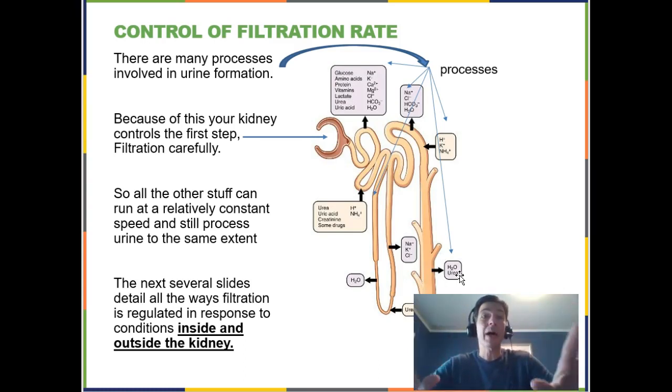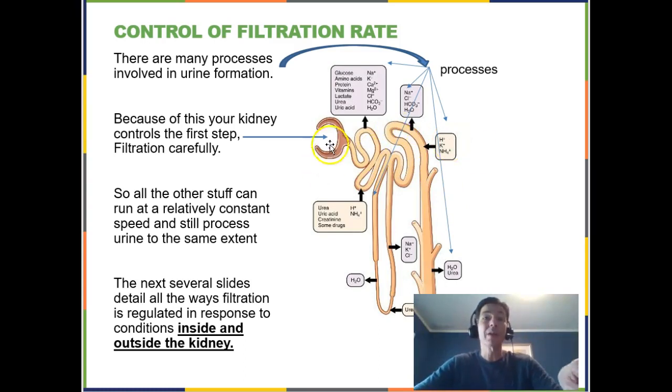So what your body does is try and control step one very closely and keep your filtration rate relatively constant so that all of these other processes can run on autopilot. If the amount of filtrate being formed is always the same, then all of these processes of pumping this and that can run at a constant speed, and you don't have to constantly adjust all of these different pumps and mechanisms here.